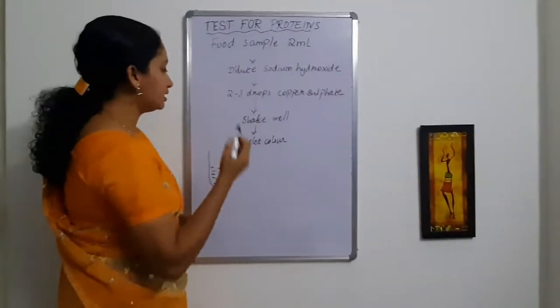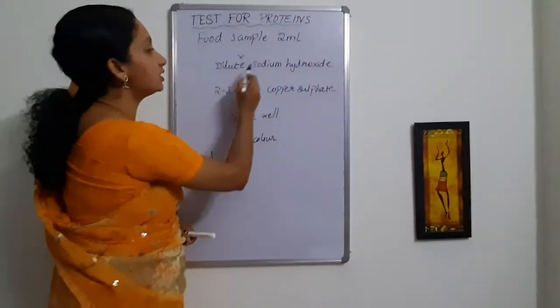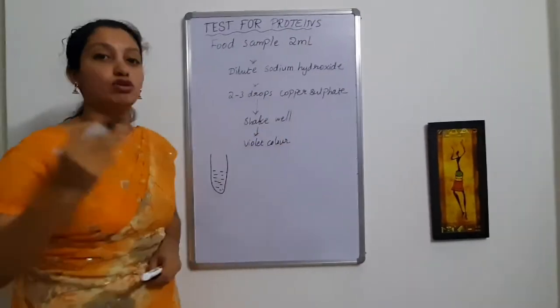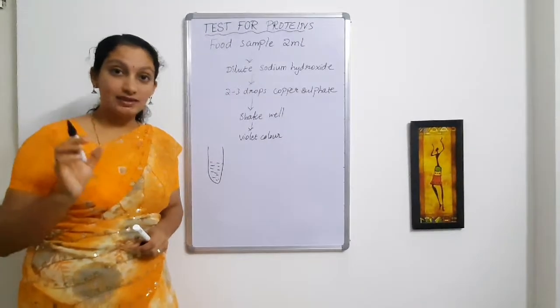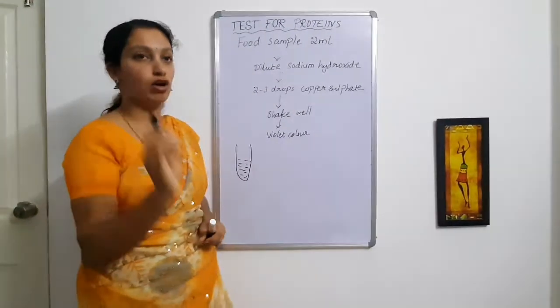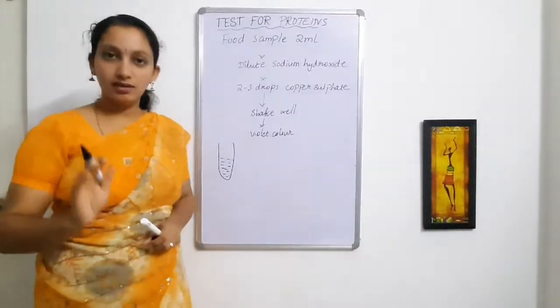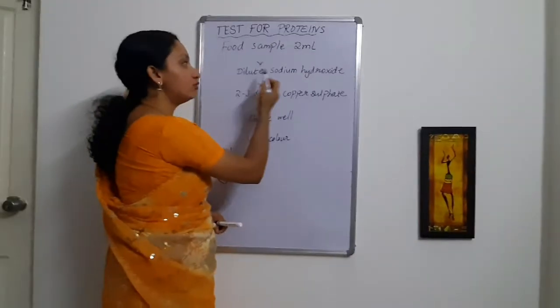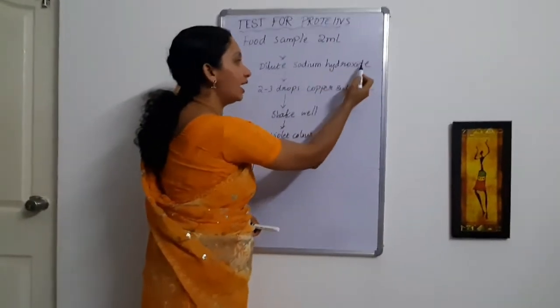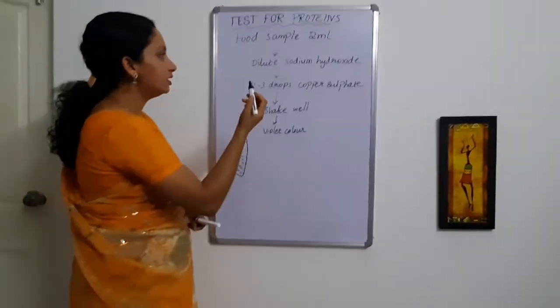Then next step is add diluted sodium hydroxide solution. I told you diluted means which contains some amount of water along with the chemicals. Concentrated means which contains only the chemicals. Here we are using the diluted form of sodium hydroxide solution.